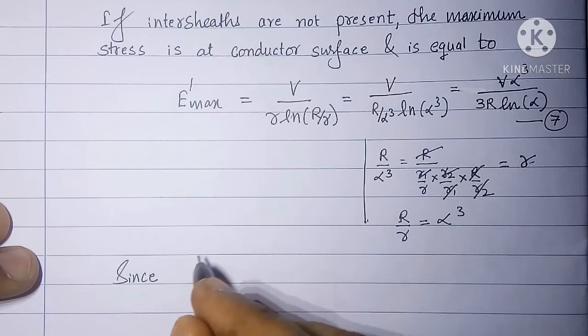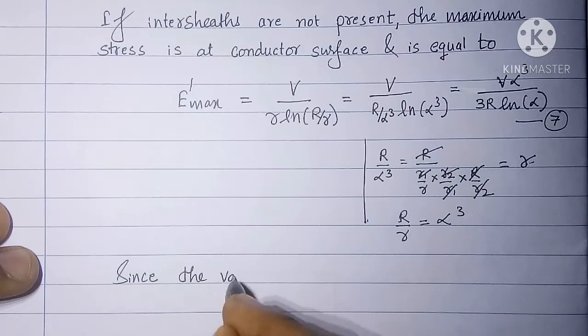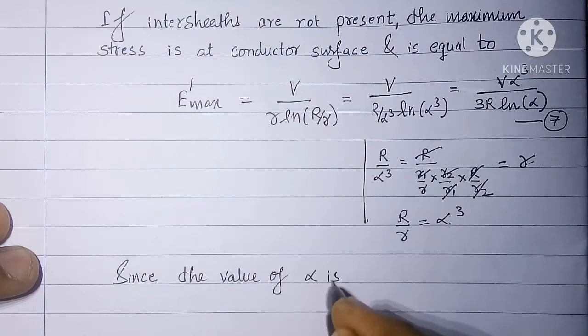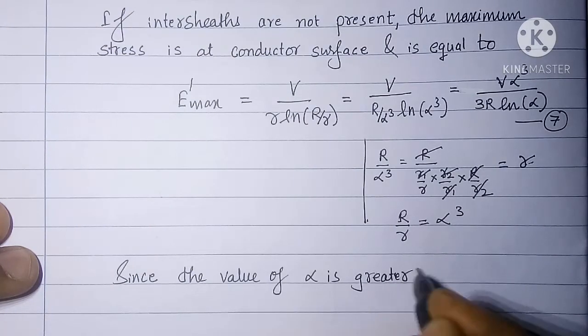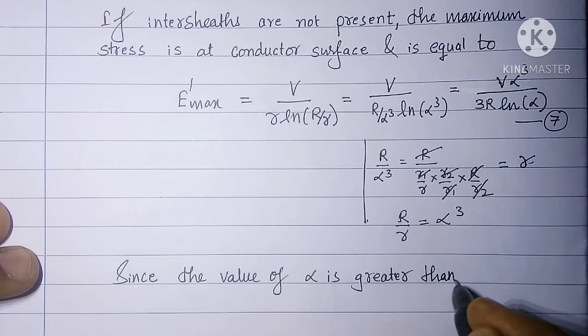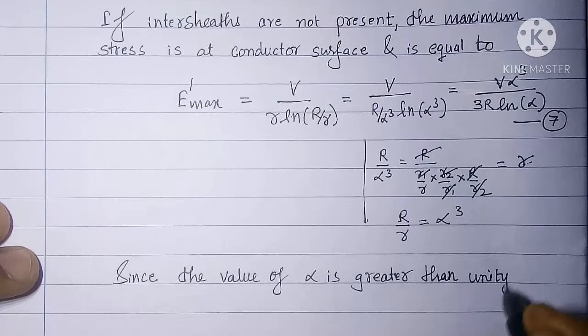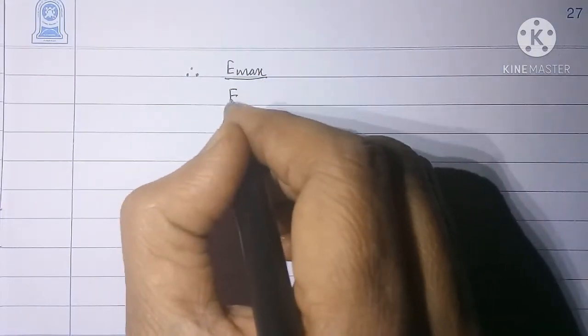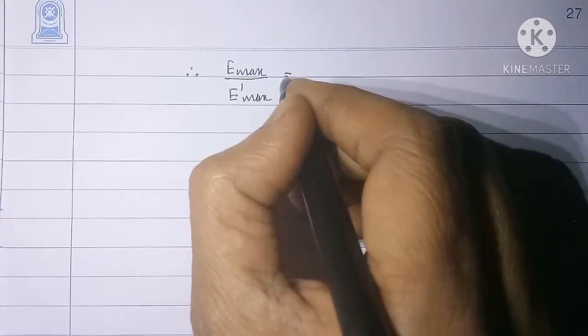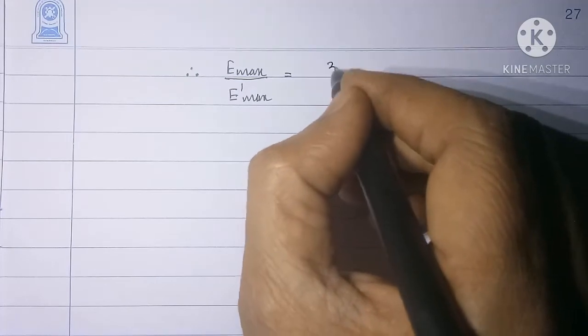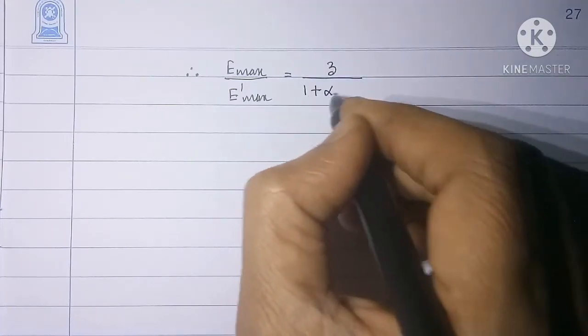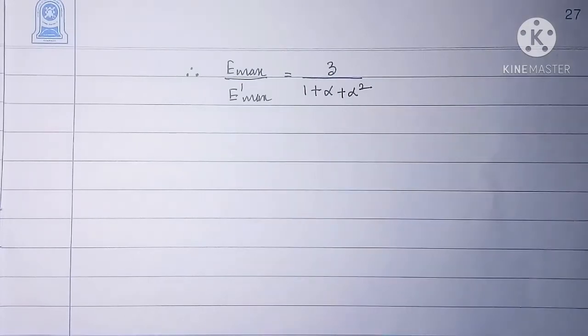Since the value of alpha is greater than unity, therefore we can write E max upon E dash max equal to 3 upon 1 plus alpha square. Let us call this as equation 8.